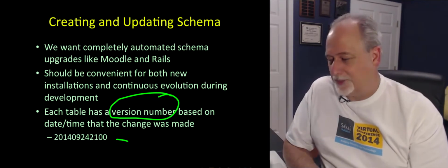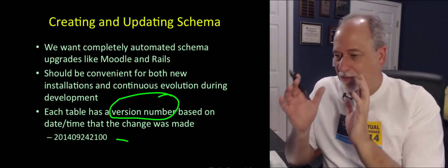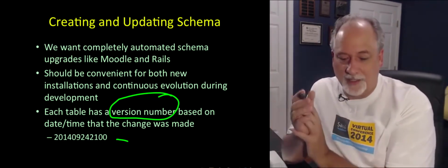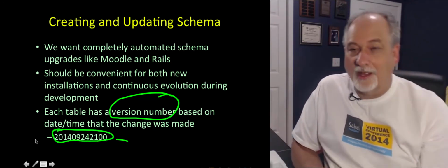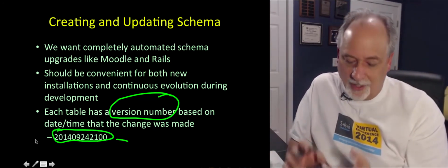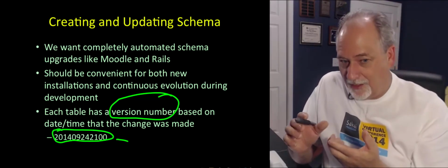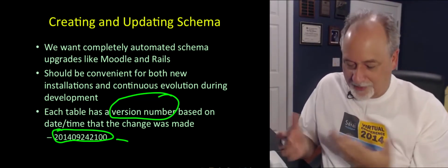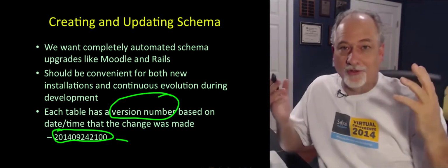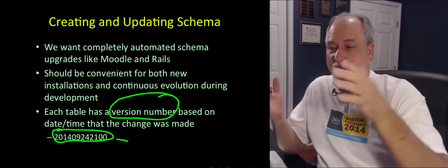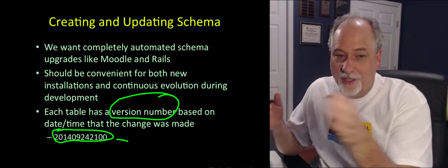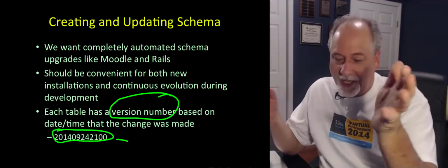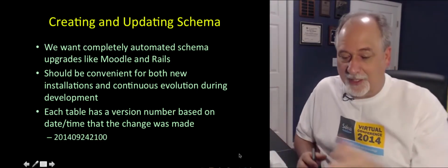So you say, oh, it's October 17th at 4 o'clock in the afternoon, and you come up with a big long number with the year, month, day, hours, minutes. And that's what you call the version of the database. So any database from before the moment you're making this change has to be upgraded, so you have to do an alter table for databases without that.